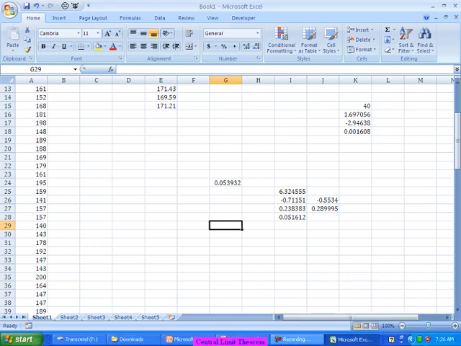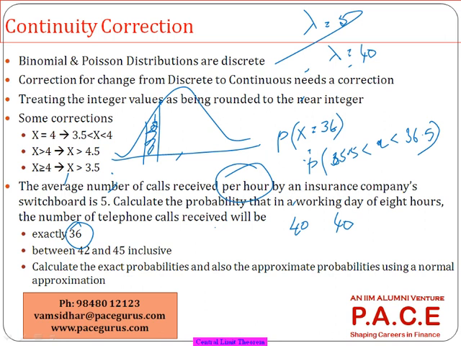Now, the same logic for between 42 and 45 inclusive. When you are doing it with the Poisson, this is where the advantage comes for you. When you say between 42 and 45 inclusive, you have to find the probability of x equal to 42, 43, 44, 45.